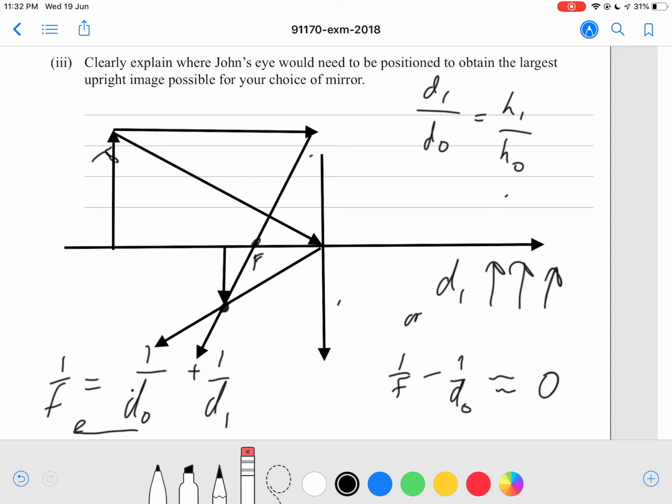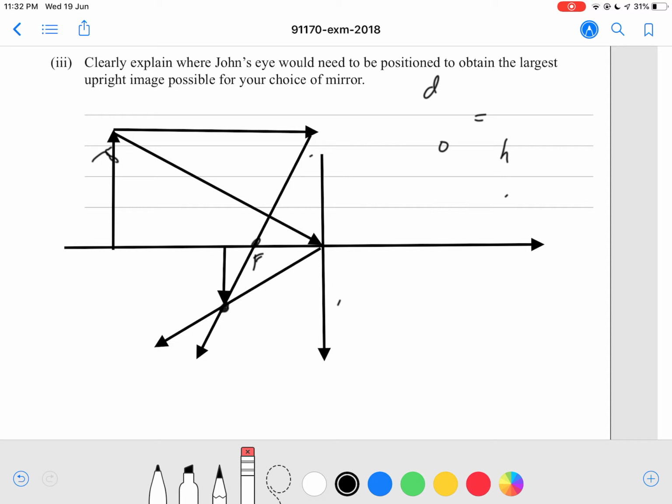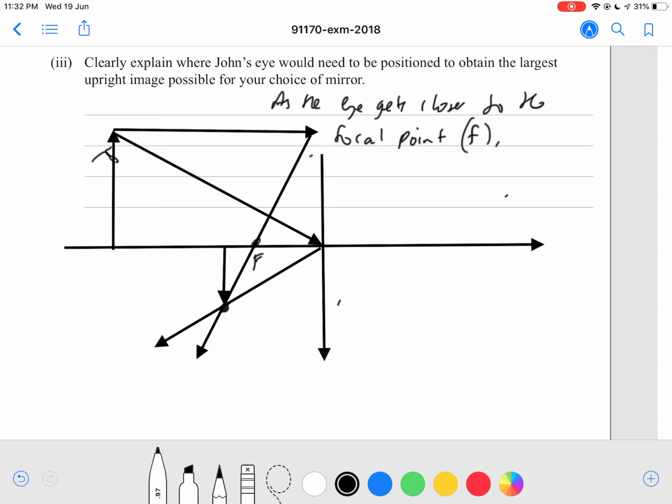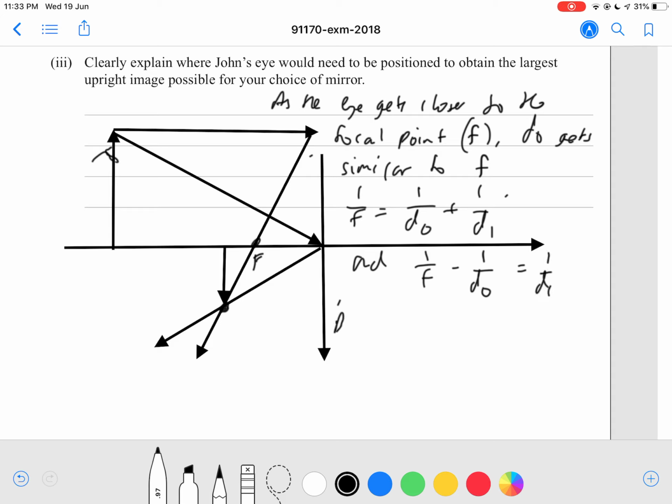So to put this explanation in words, we're going to say as the eye gets closer to the focal point, do gets similar to f. 1 over f equals 1 over do plus 1 over di, and 1 over f minus 1 over do equals 1 over di.